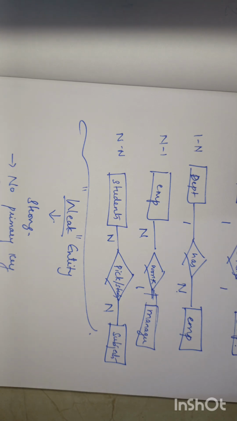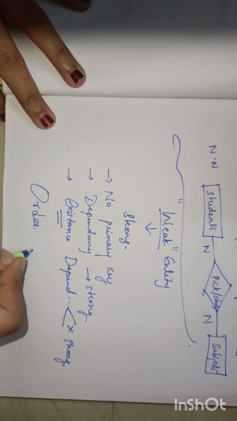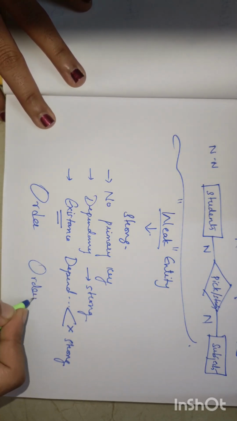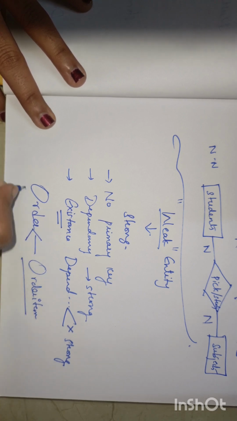Let's assume we have an entity order, and the weak entity is order item. An order entity can have multiple order items. Here, order item may or may not have a unique identifier. It relies on the order entity's primary key to identify. Let's assume you have an order and you have an order item or order ID. So this is a weak entity because it relies on the order.